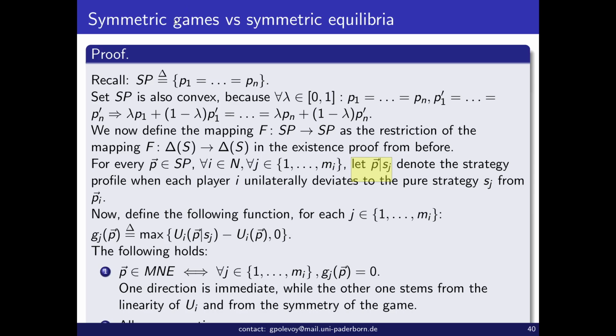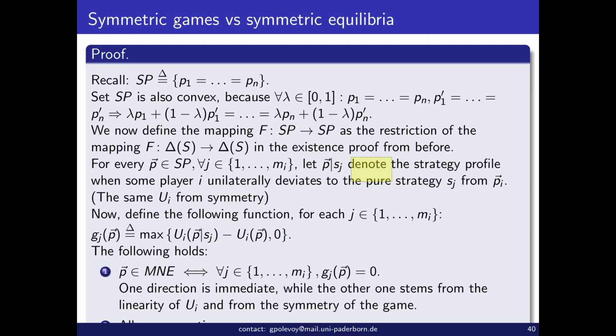Let me now say it again. So having defined and found the properties of SP, the set of symmetric profiles, let us, for every point P and for any strategy number J, it says still MI, but every player has the same number of strategies, so it does not matter which I. Let P2 as J denote the strategy profile when some player I unilaterally deviates to the pure strategy as J from Pi.